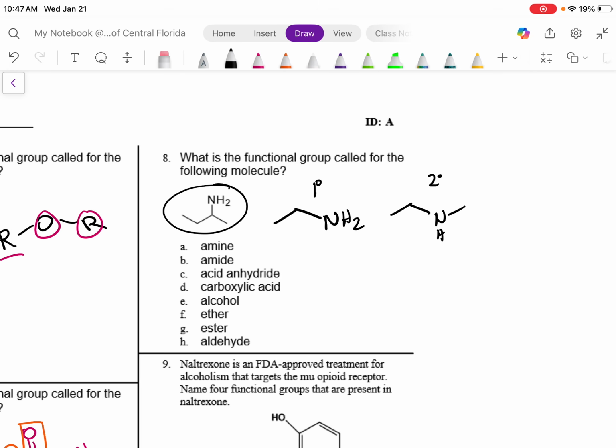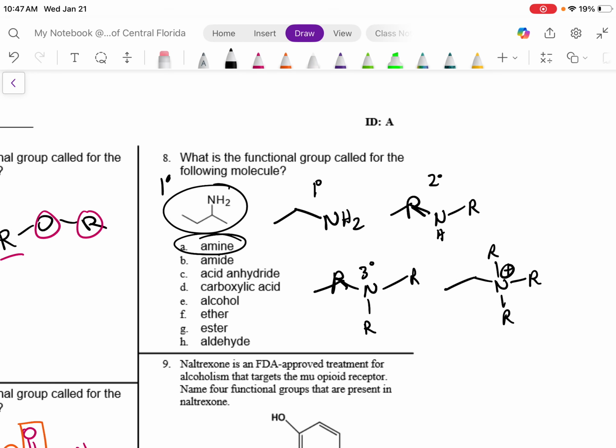That would have to be a primary amine, answer A. What that would be a tertiary amine, and then a quaternary amine would look something like that. And those are generic structures, so we could put R groups if we wanted to. Okay, that should be an R group. For the tertiary though, yep, that would be it.